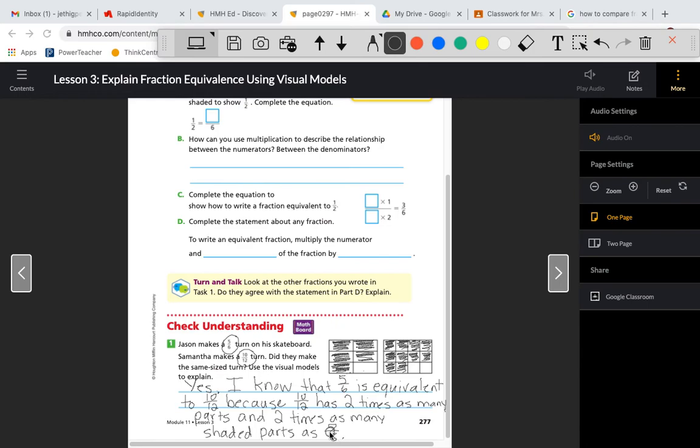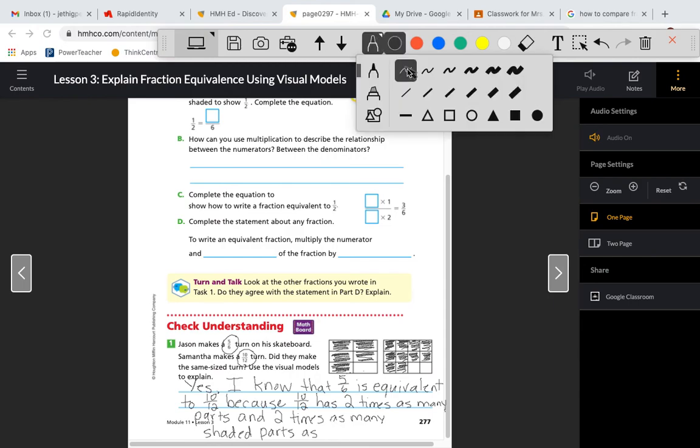Excuse me, 5/6. Fix that for you. Okay, so that would be our explanation.